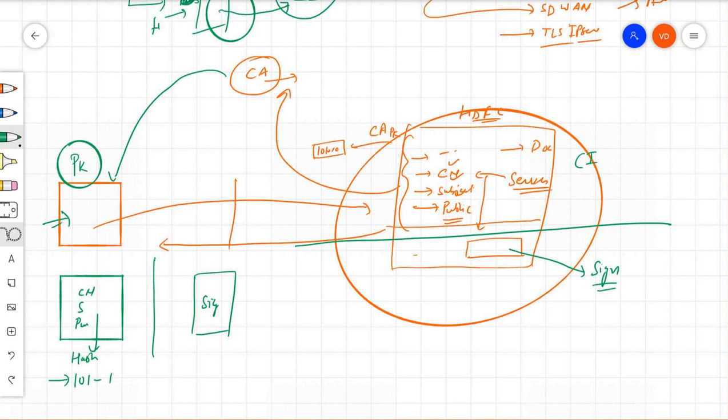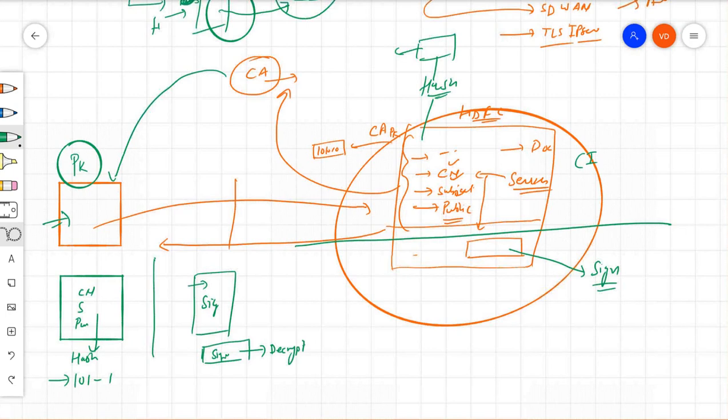What it needs to check is what this signature consists of. The CA has done the same thing: it hashed the common information, and then whatever the hash value, it encrypted that hash value with its own private key. So this little signature, these guys are going to decrypt it using the public key.